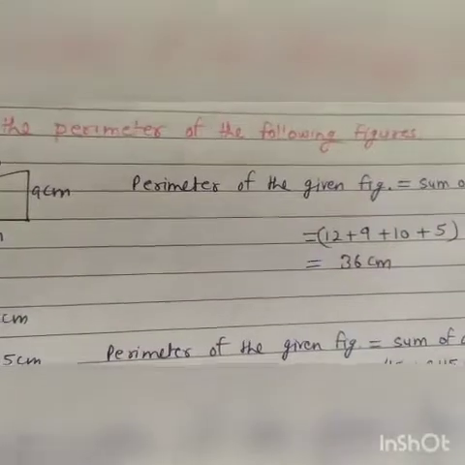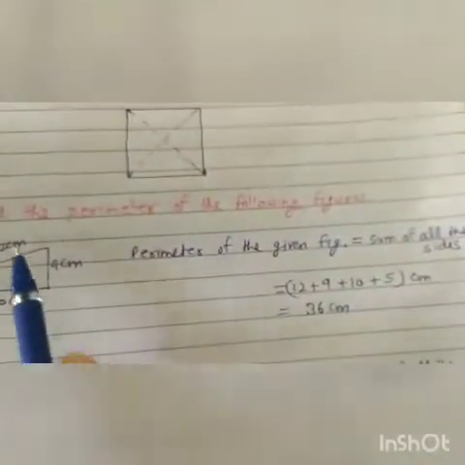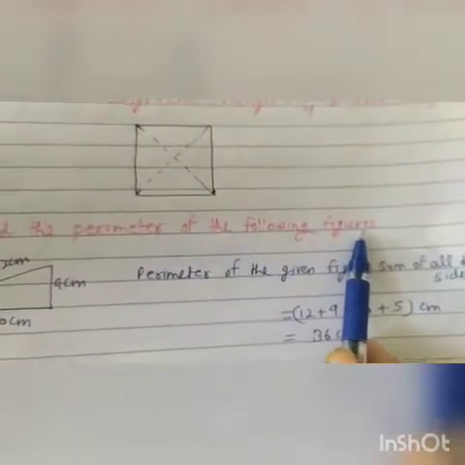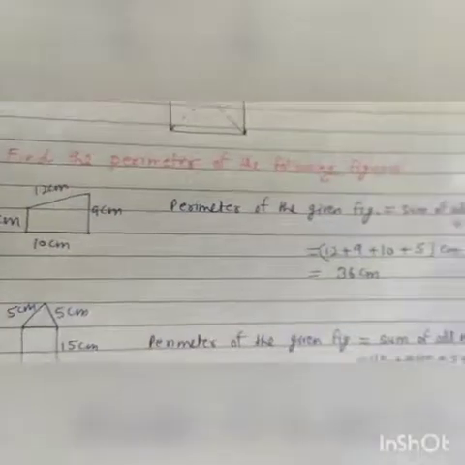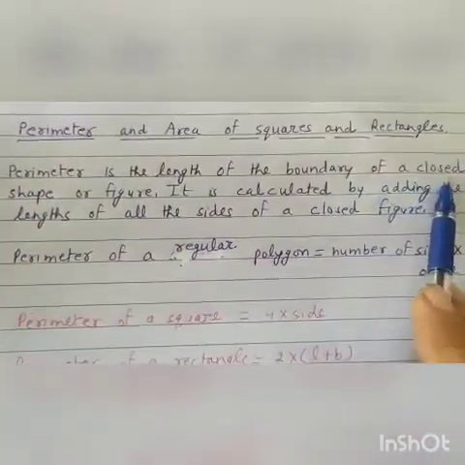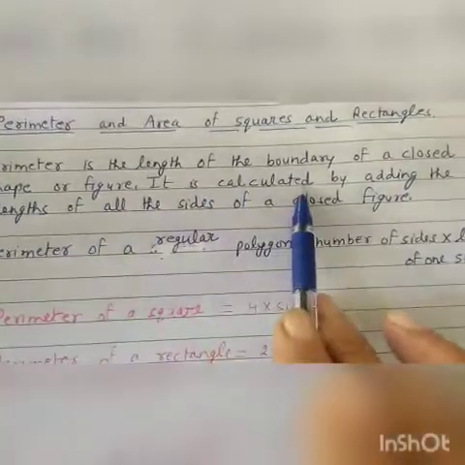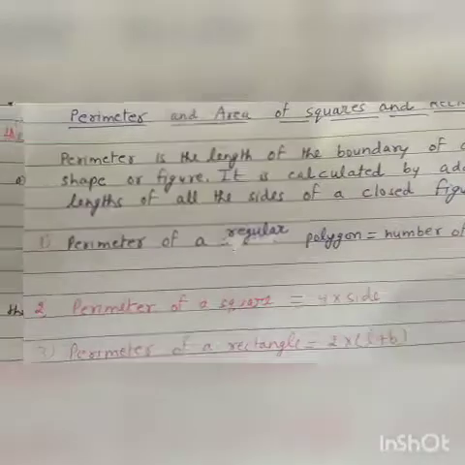I have drawn all the figures on the paper and solved. Find the perimeter of the following figures. This is the figure given. What is the perimeter? You just read, perimeter is the length of the boundary of a closed shape or figure. It is calculated by adding the length of all the sides of a closed figure.